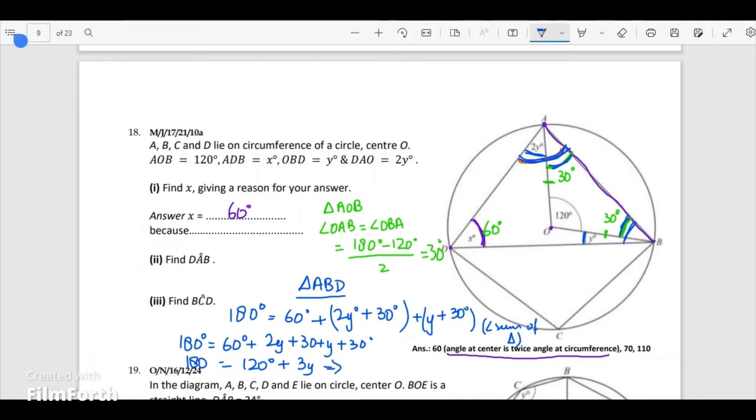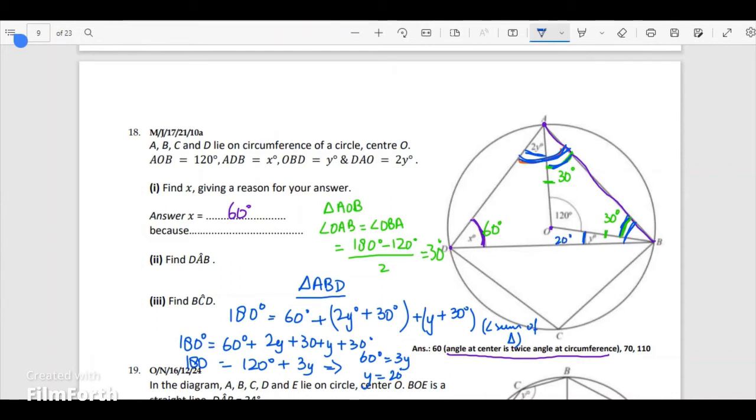So 180 minus 120 would give me 60 degrees equals 3y. So y would be equal to 60 divided by 3, 20 degrees. That means this is 20 degrees.